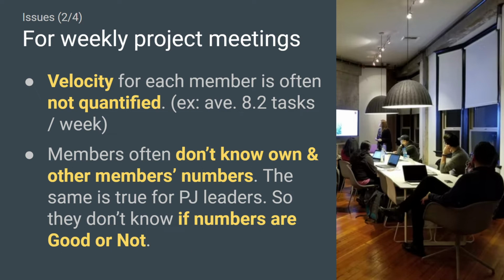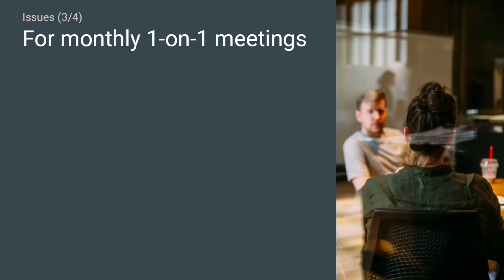The same is true for project managers and the leaders. So actually, they don't know if their numbers are good or not because they can't compare their numbers with others.